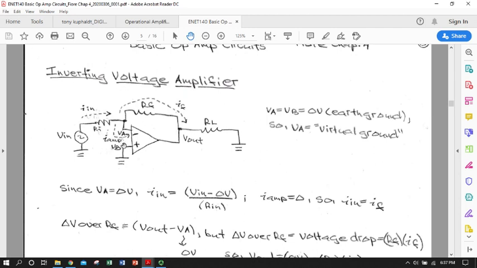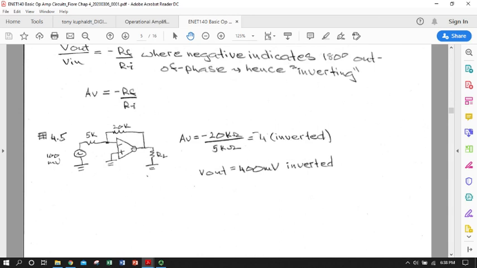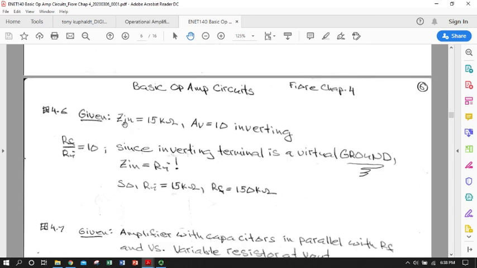So very different than the non-inverting, where we actually had to add an extra resistor to ground because our voltage signal is going straight into the inverting terminal, no virtual ground. So that might help us say something about our design. Well, we know that the ratio of RF to RI equals 10. If we configure it in the inverting style, we will get an inverted signal.